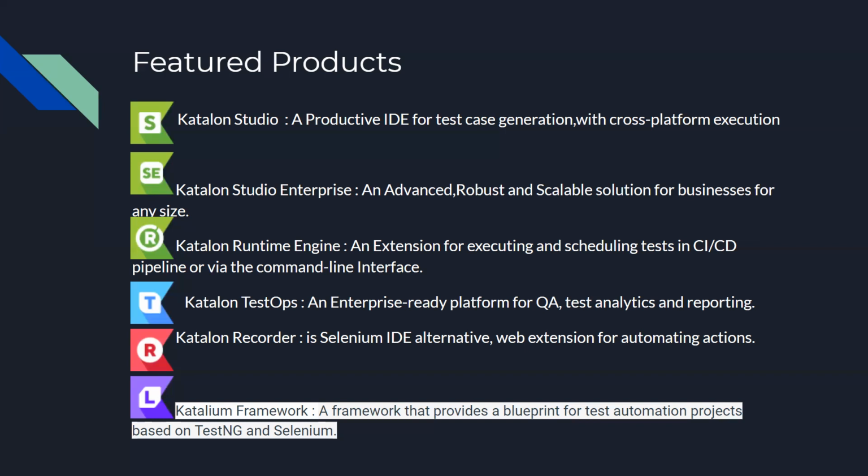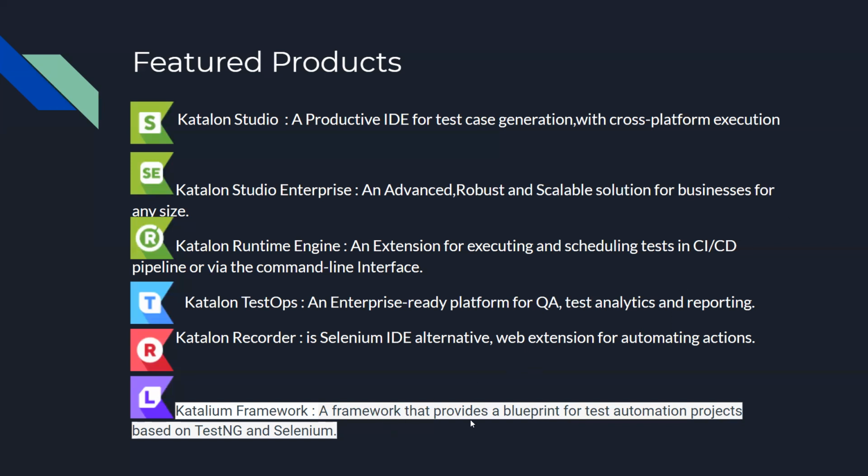Katalon Framework. Some applications will be there where we need to write some complex logic, and it will require the Selenium framework, or the Selenium logic, or TestNG. So for that purpose, Katalon has given the Katalon Framework.